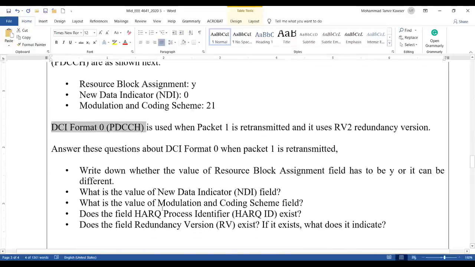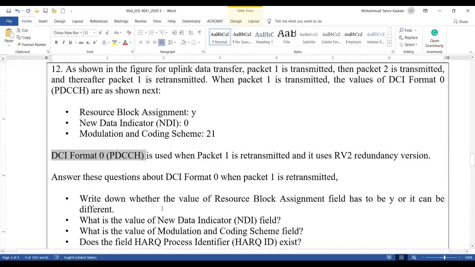And also you have some fixed timing. The time gap is always 8 milliseconds. So whenever you get PDCCH at a certain subframe, you can recognize that it is for a particular HARQ process, for a particular packet transmission flow, just from the timing of PDCCH, because it will always maintain the same time gap.